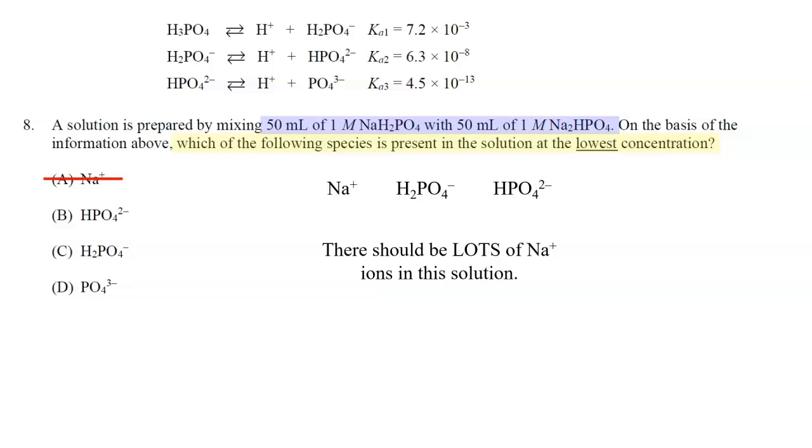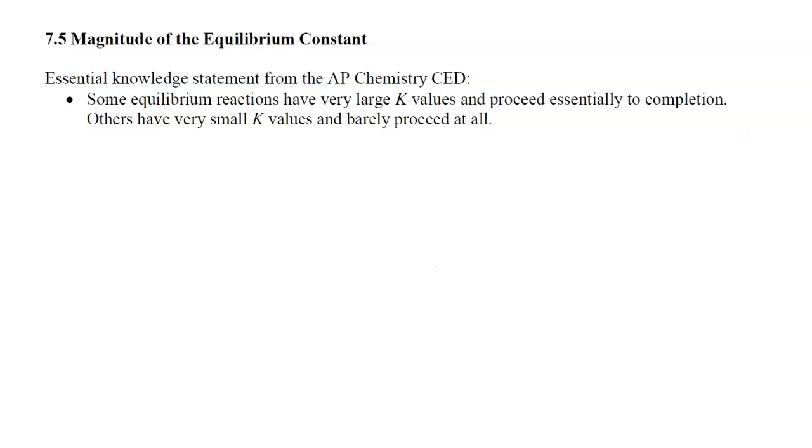We should focus our attention on the magnitude of these equilibrium constants that were given. So in terms of topic 7.5, the magnitude of the equilibrium constant, if the K value is very large, then the reaction proceeds essentially to completion from left to right.